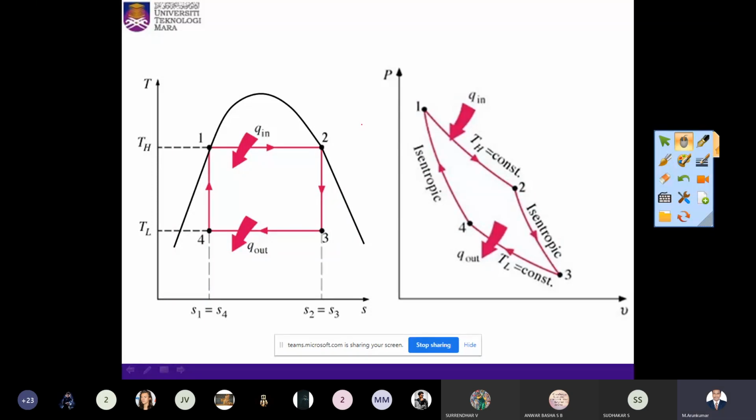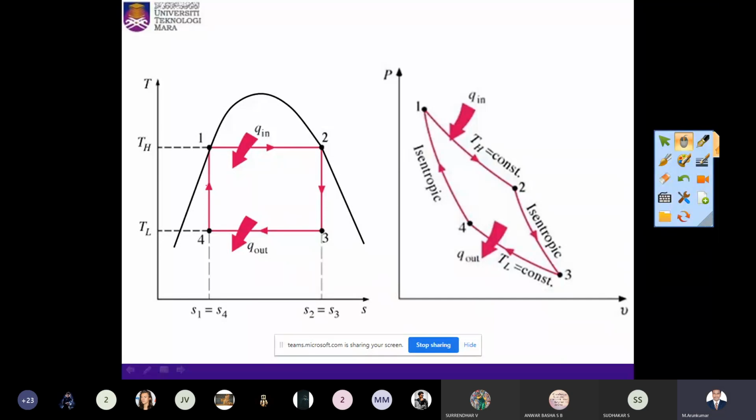We have the PV diagram and the TS diagram here. First is isothermal heat addition, then an isentropic process, that is, a reversible adiabatic process, then the isothermal heat rejection, then again a reversible adiabatic process, that is an isentropic process. This is the PV diagram. Then we also have the TS diagram for the same.